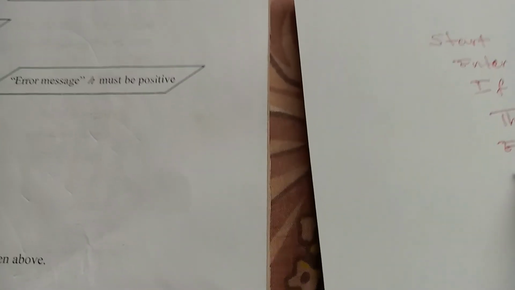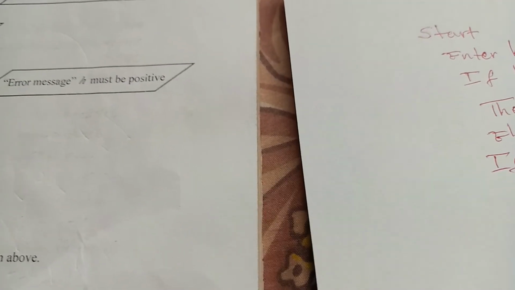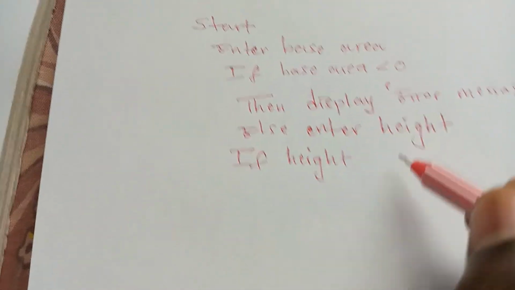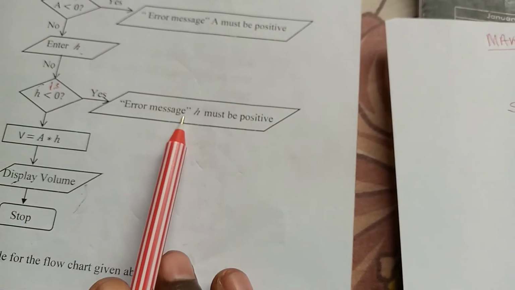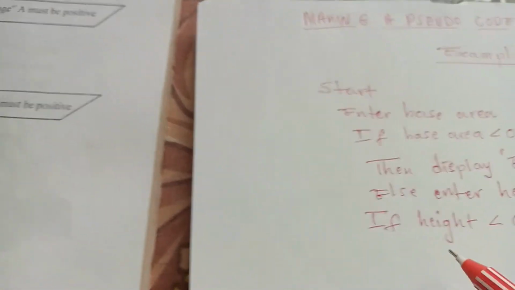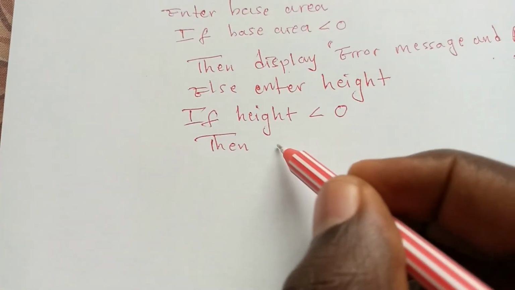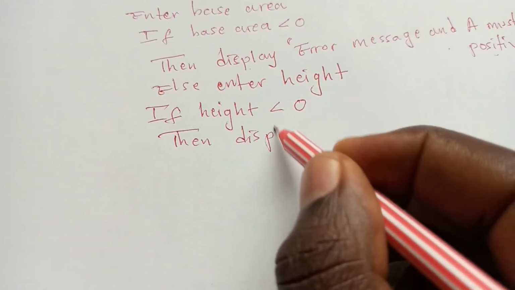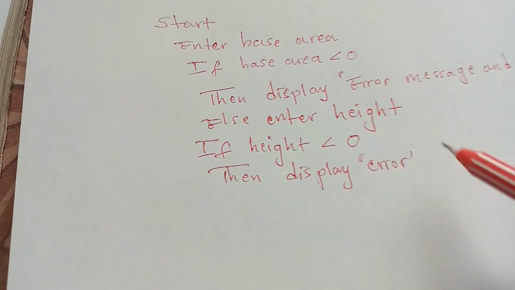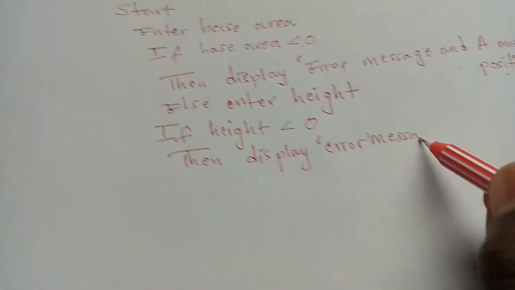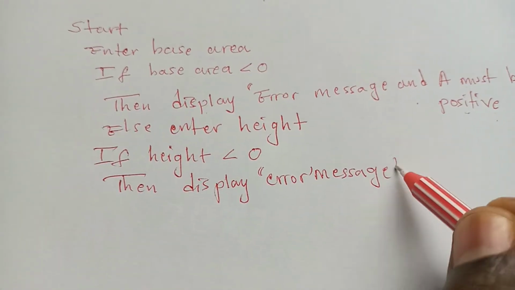Here you say if height is less than 0, what follows there? Then you display error message. H must be positive. So you say then display error message.